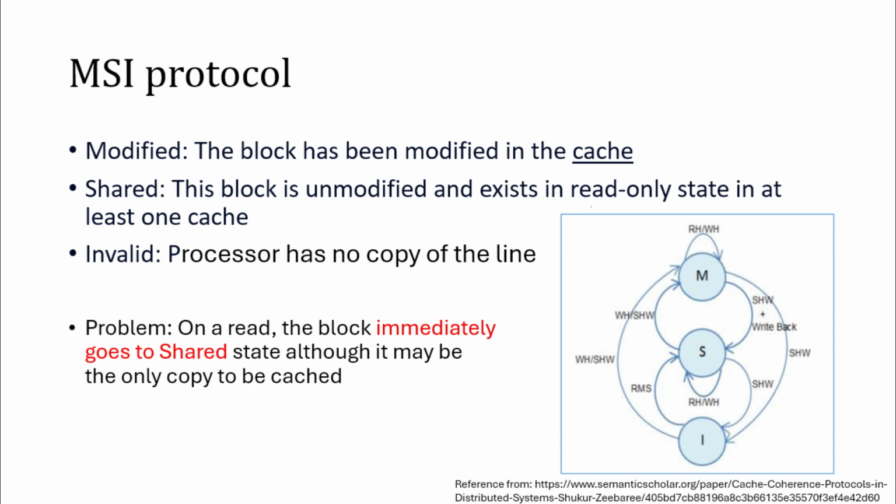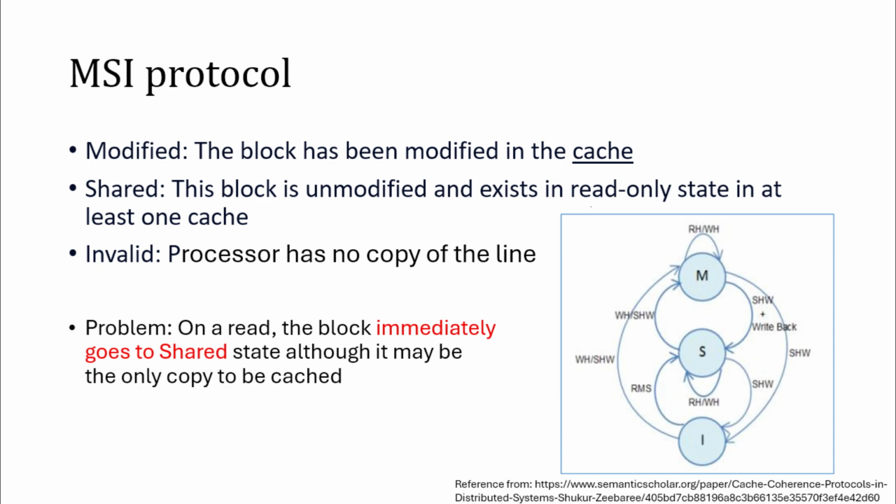The problem for the MSI protocol is that by default all data is loaded in the shared state, even if there is no sharing. When we move the cache block X from the shared to the modified state, we must send out a signal to the other caches to invalidate their copies of block X. If they don't have a copy of block X, then we will waste bus cycles.